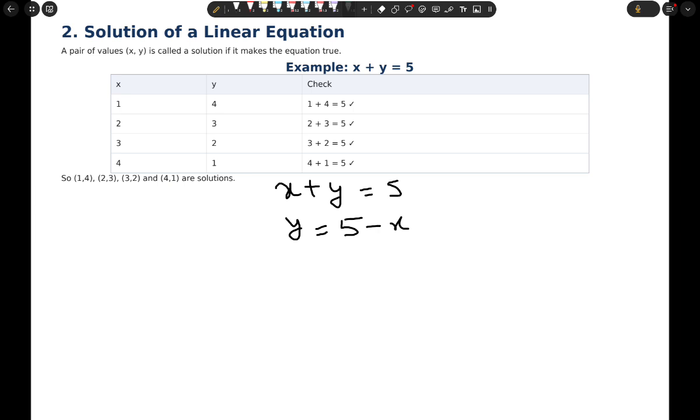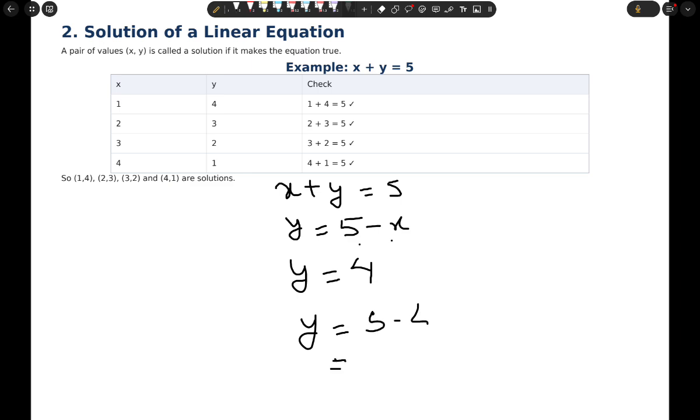Then we will put the value of x ourselves one by one and get the value of y. So when we put x is equal to 1, we get y as 5 minus 1, that is the value of y is 4. Similarly, when we put x is equal to 2, we'll get the value of y as 3, that is 5 minus 2 is equal to 3.